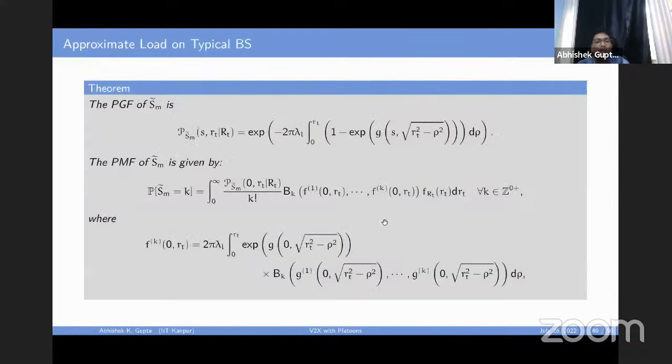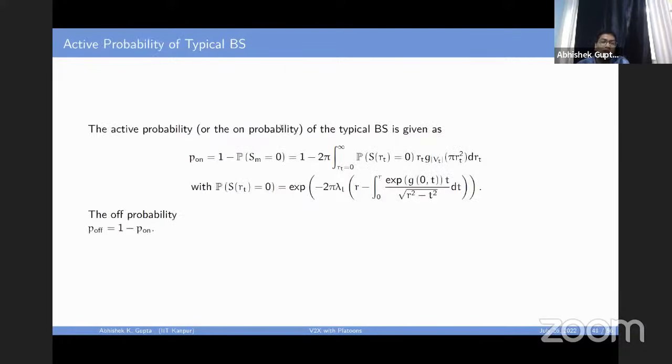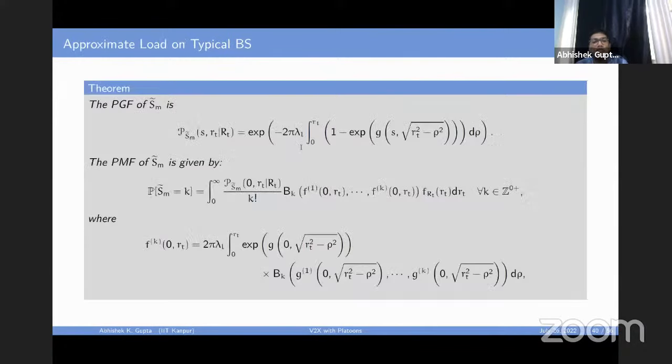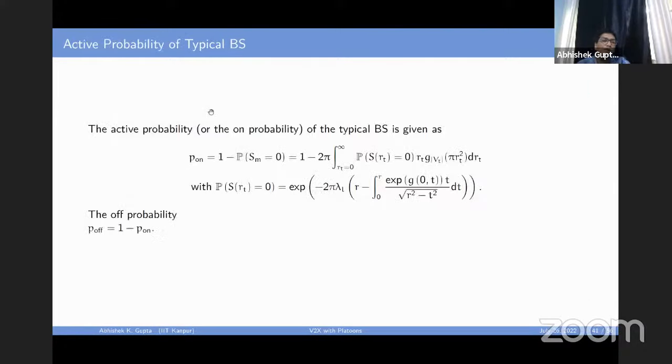So this will give you a little bit simpler expression for PGF, and again you can compute PMF. Okay, and then similarly, once you have this distribution, you can compute the active probability, which is the probability that there is at least one user in the typical base station.